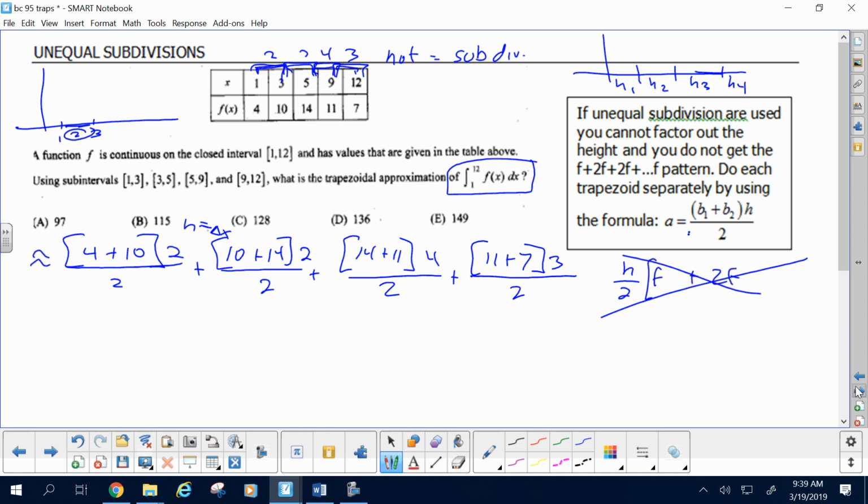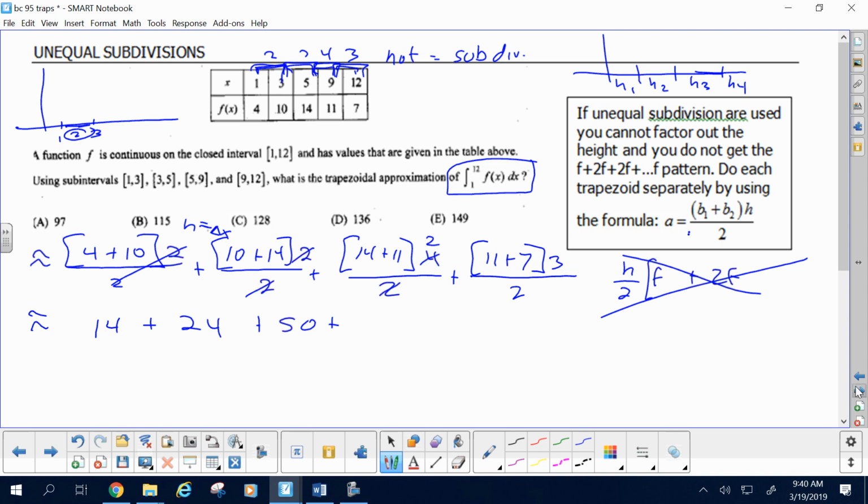All right. After that, be wise with your arithmetic. The first one, the 2's hack away, and you get 14. The next one, 2's hack away, you get 24. The next one, you can maybe divide by a factor of 2, and you get 25 times 2, which is 50. And the last one, 2 doesn't go into 3 well, but it will go into 18 well.